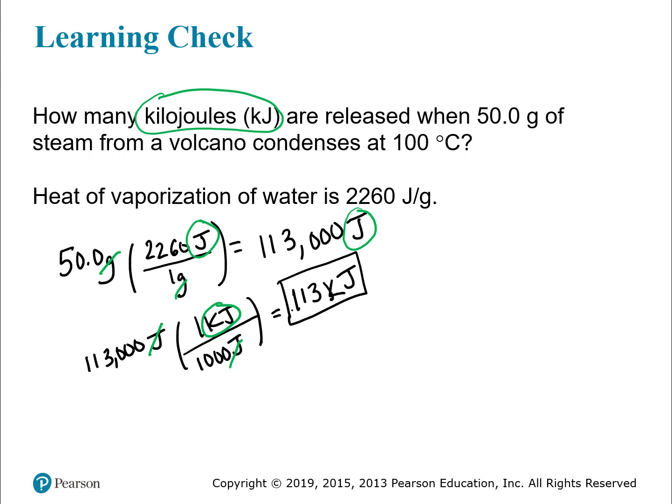Always be sure to read the question, because if this answer was present on a multiple choice exam and you chose it, it would be wrong, even though you did the calculation correctly. You just didn't answer in the correct units. So be careful. Always refer back to the question. Make sure that you're answering all the parts.